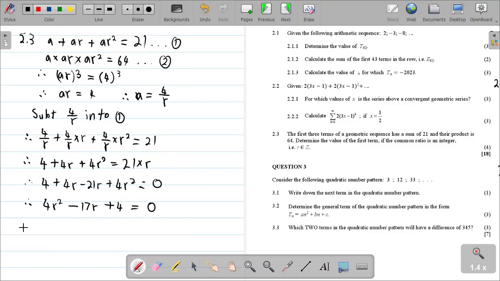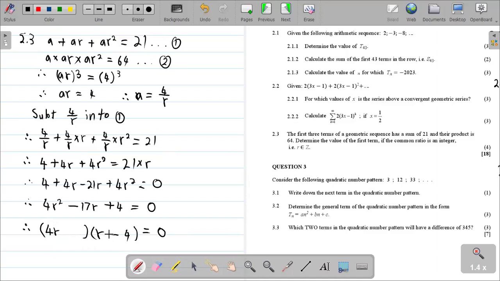So then we should try and factorize here. Equals to 0. So we want the two negatives that will give us 17. So it's going to be 4r, then here you have r, then here you have 4.